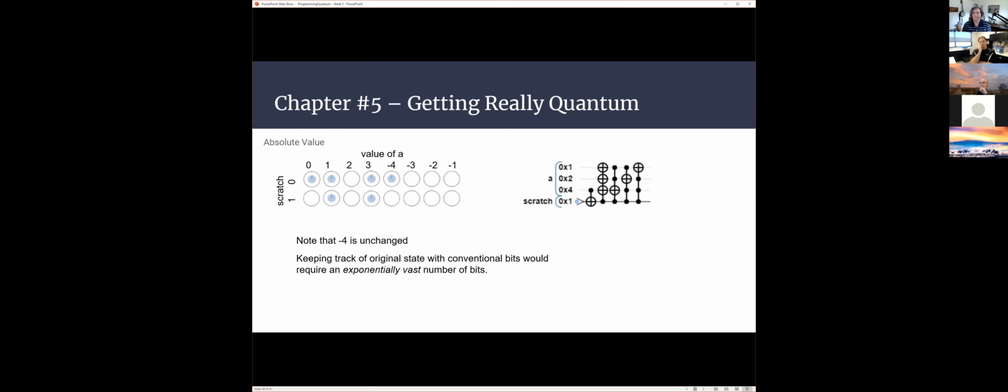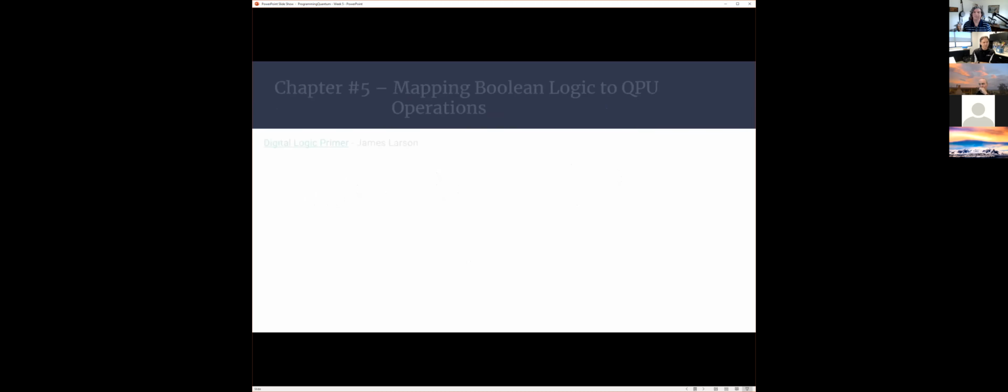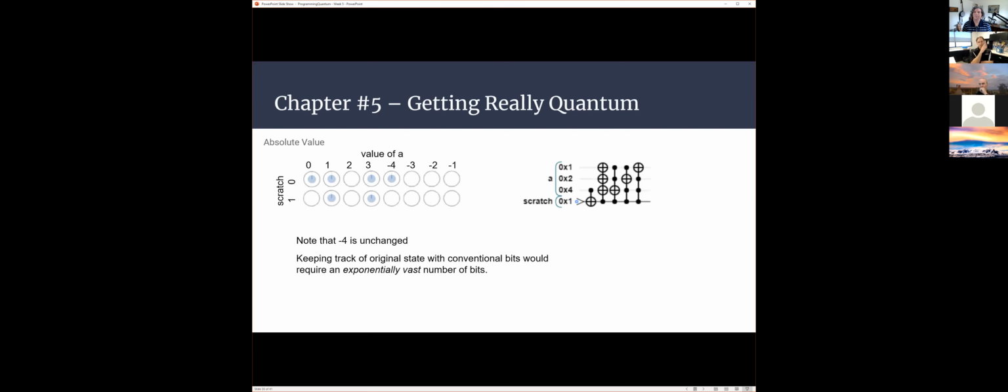So my thought was, okay, cool, scratch bits all over the place. Every time I need to do an operation, I'll just make a new scratch bit. And he talks about uncomputing, this idea that we'll use scratch bits, but you need to clear out your scratch bits in order to reuse them.